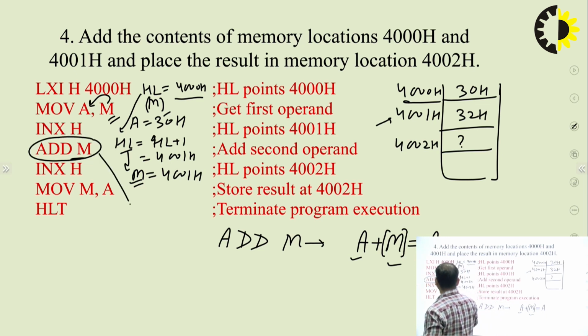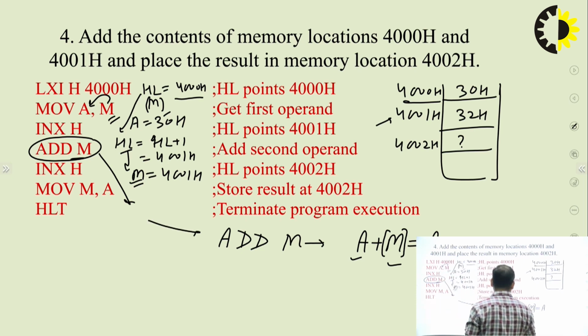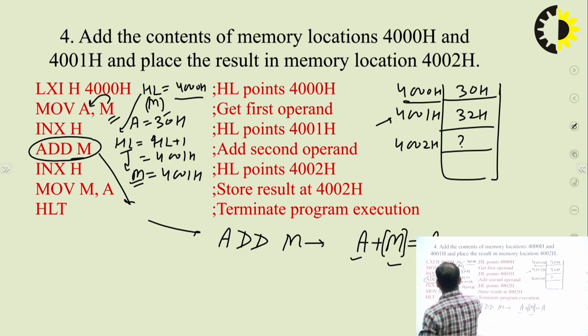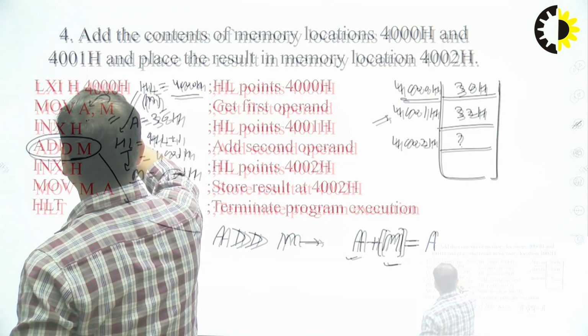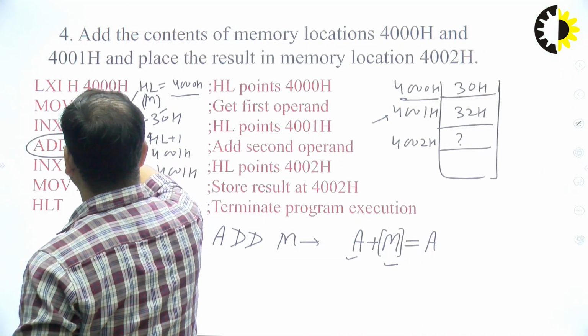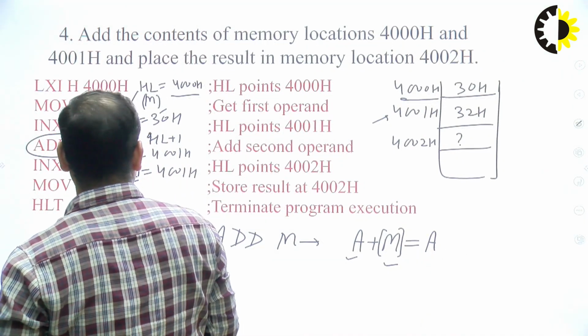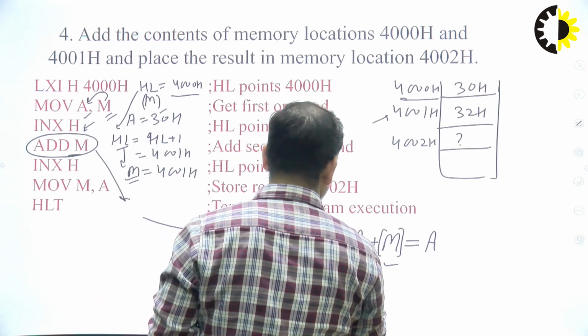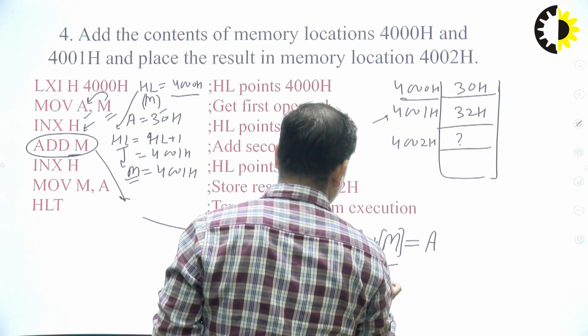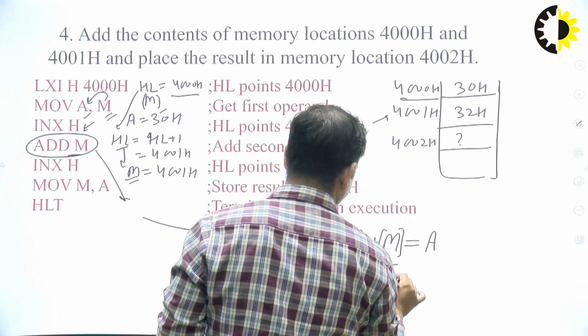Now next is ADD M. When you apply this, again it is A plus M is equal to A. So we can give two inputs: one input in the accumulator, and the second input in this memory location. In this case the first is 30 and the second one is 32.